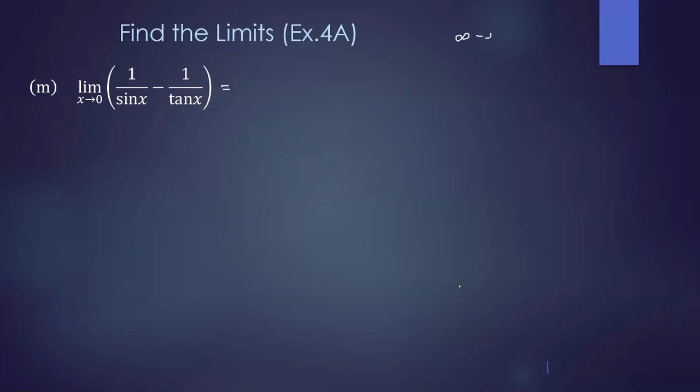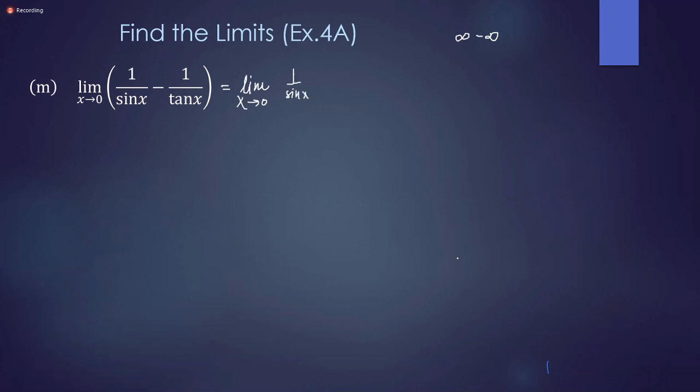However, it can be resolved if we change this indeterminate form into something more familiar, like 0 over 0, infinity over infinity, and things like that. So let's change this. Now, this limit does require a little bit of trigonometry. 1 divided by tangent is actually tangent reciprocal.